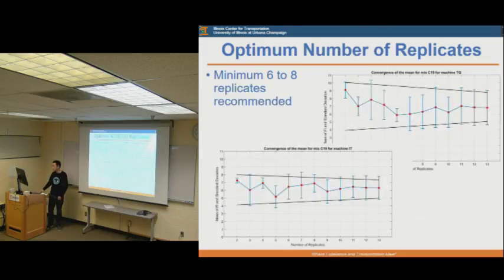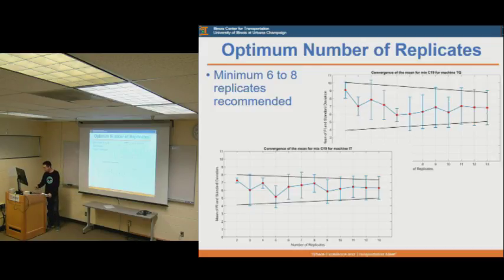And then we want to see what the optimum number of replicates is. When we are doing the I-FIT test, we do not want to go to a very large number of replicates because that needs a lot of manual work. But we cannot go to a very limited number of replicates because that cannot give statistically stable results.